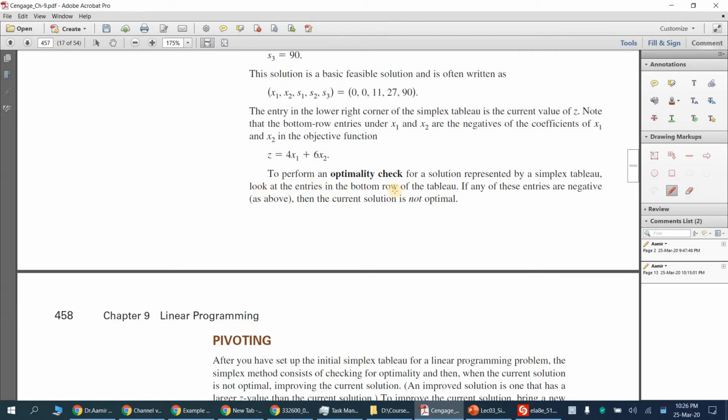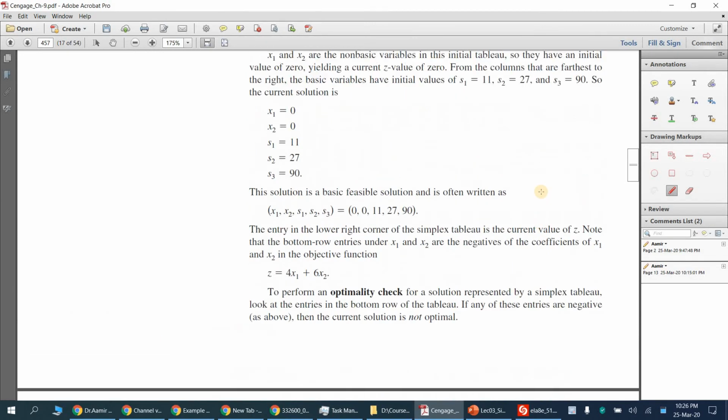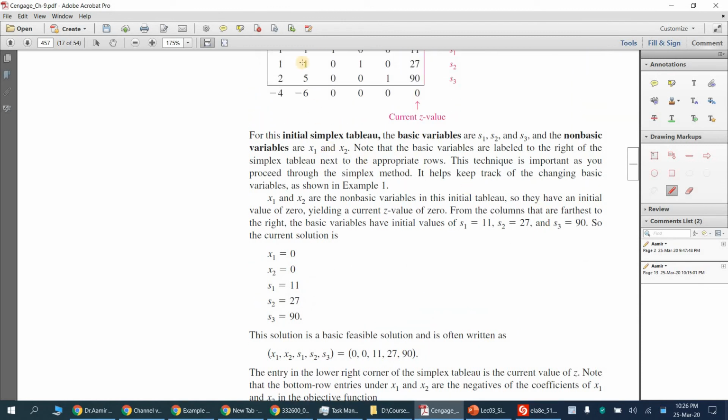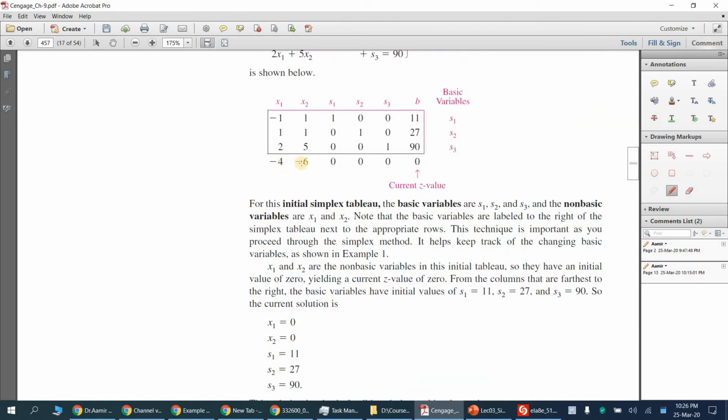In our case, it's the top row of the tableau. If there are any negative entries, then the current solution is not optimal. Look over here, the Z row has two negative values. A negative value means it is not optimal and you should continue.